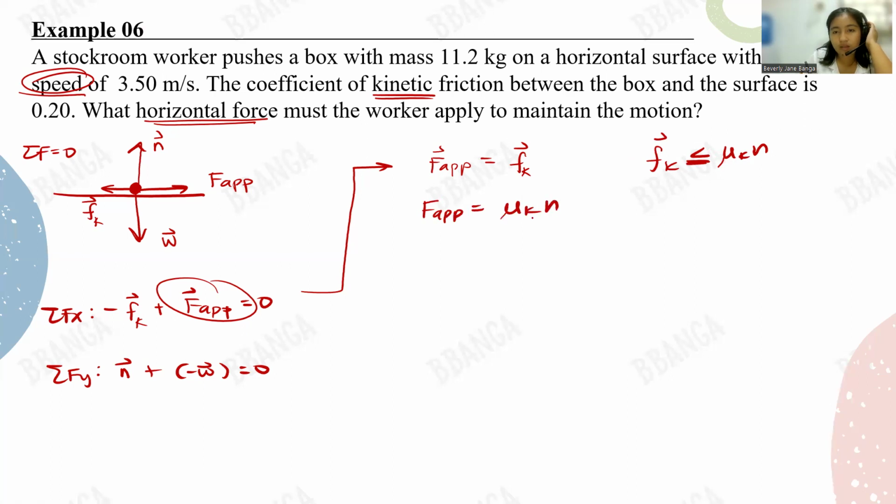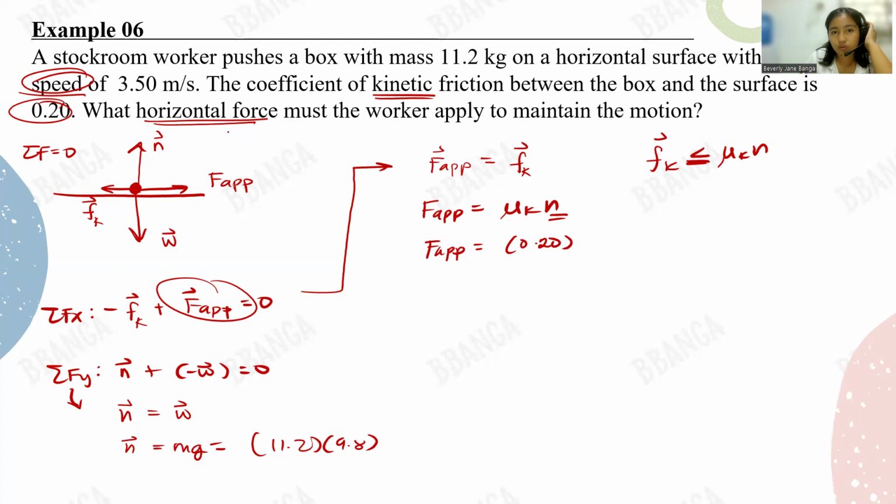Okay? And then, alam natin si mu K, binigay siya. Pero yung N, kailangan natin isolve from the Fy. Okay? So, from Fy, N is simply equal to mg, which is 11.2 times 9.8. So, F applied therefore is simply equal to 0.20, yun yung mu K, times 11.2 times 9.8.